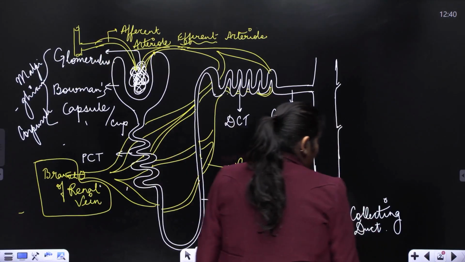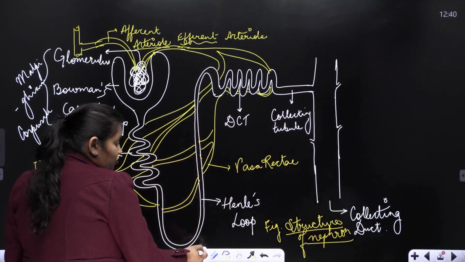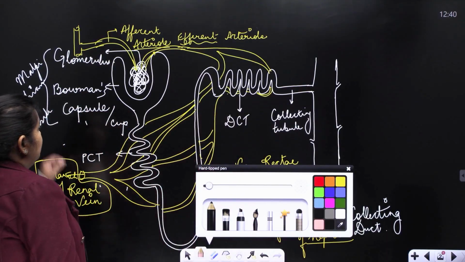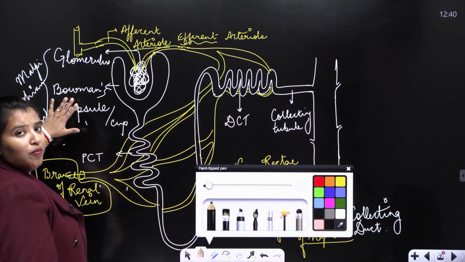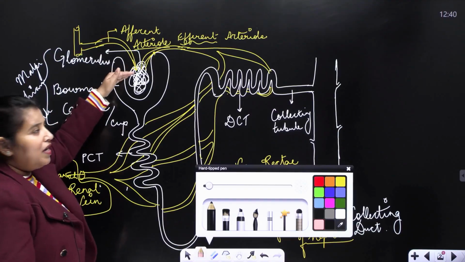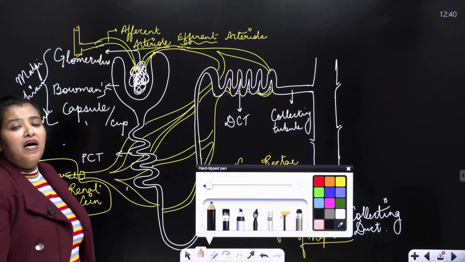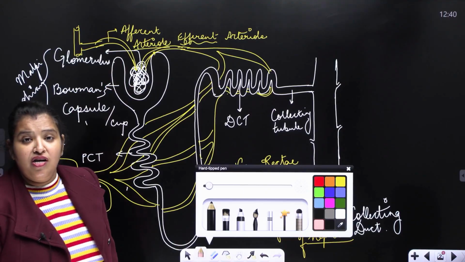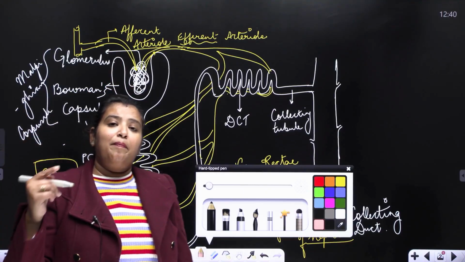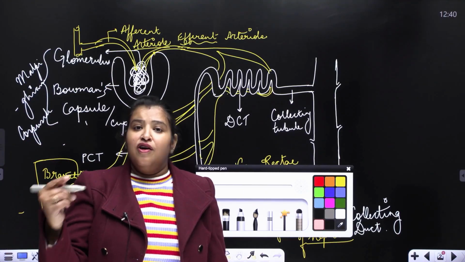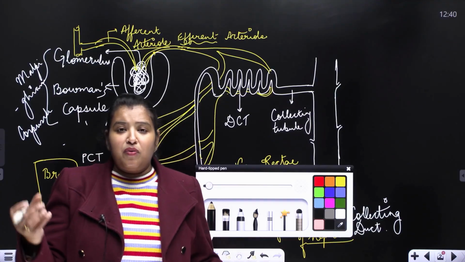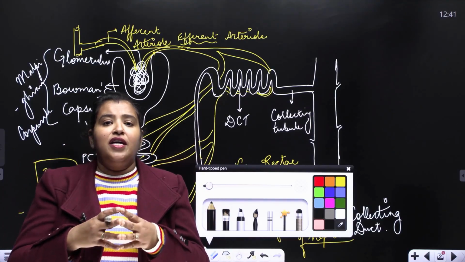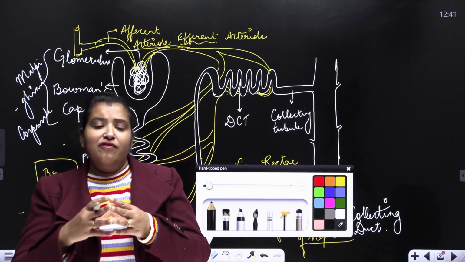So when I'm talking about the structure of the nephron here, the glomerulus, the Bowman's capsule, the blood is filtered here. The blood which is filtered here is under high pressure. So that was the first step, ultrafiltration. Filtration is normal sieving, but when it takes place under high osmotic pressure, then it is called ultrafiltration.